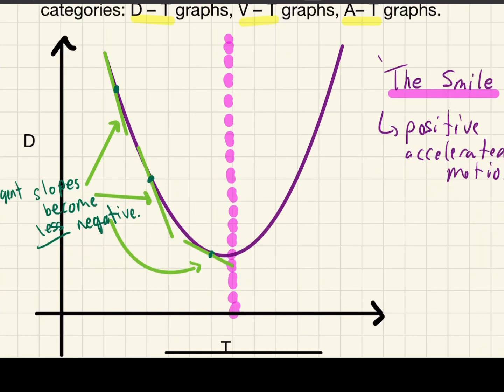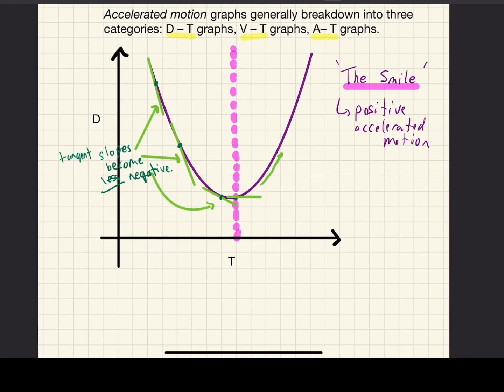And eventually, in the middle, it actually goes to 0 and then keeps going upwards. If they become less negative, that's another way of saying more positive. And so, therefore, it is a positive accelerated motion.